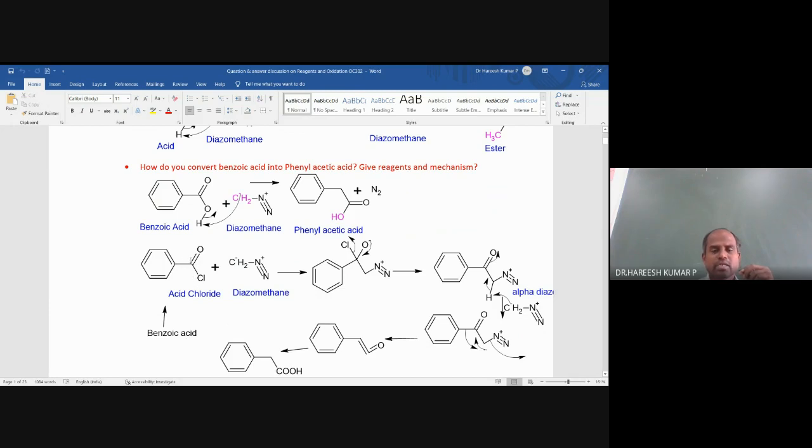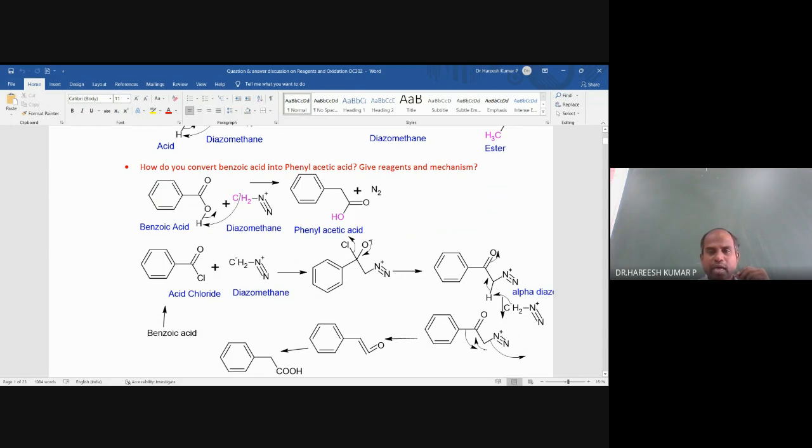Once the acid chloride is obtained, there will be a reaction with diazomethane. Diazomethane is a liquid. Of course, benzoyl chloride is also a liquid. What will happen? This anion is attacking here, and there will be a new bond formation between this carbon and this carbon. An intermediate is obtained like this.